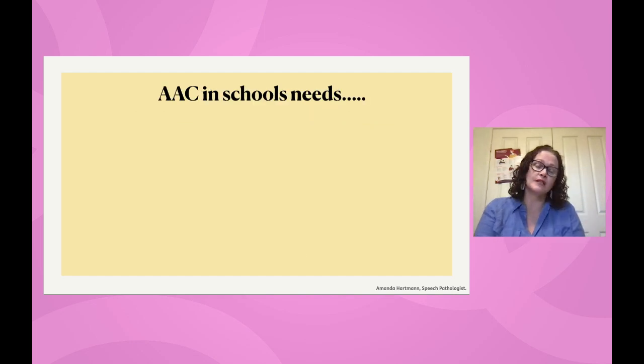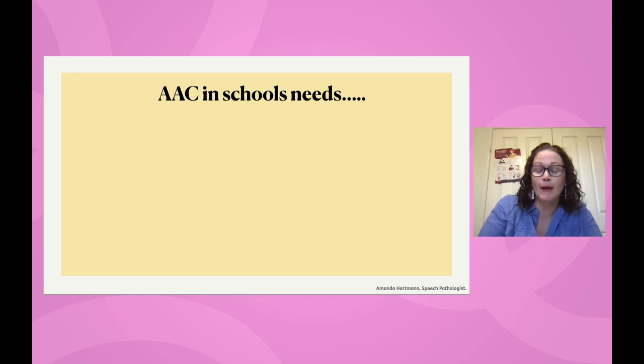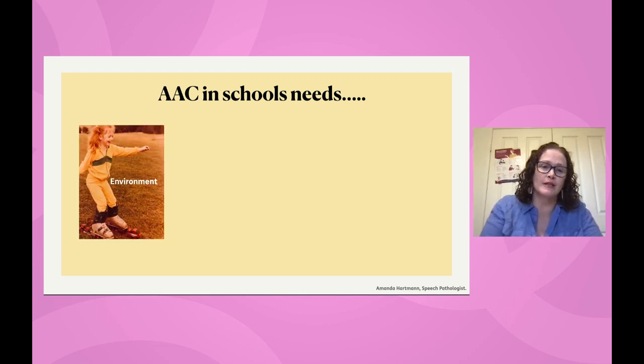If you're in a school and you're thinking, we need AAC to happen in our school, you need to start with an environment. For me to be a really good skier, I probably need a snow environment, to be honest. I feel like I was pranked by my parents, thinking that I could learn to ski in this hot summer Brisbane environment on grass.